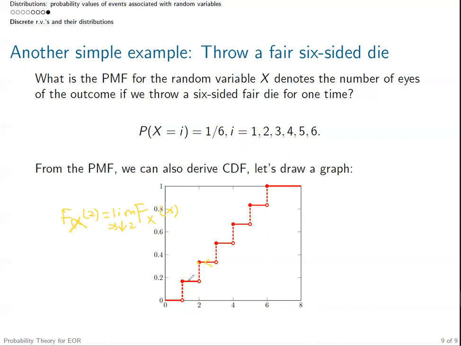However, if we move from the left-hand side, this one will end up here, which is not the value of F_X(2). So at this point, the function is indeed right continuous, but not left continuous. If we take a look at points here, it's both left and right continuous. But this CDF function is always right continuous, but not always left continuous, right? So this illustrates the second property associated with the CDF function.